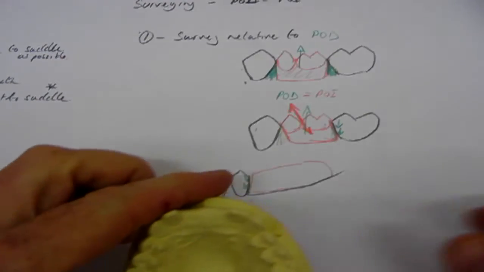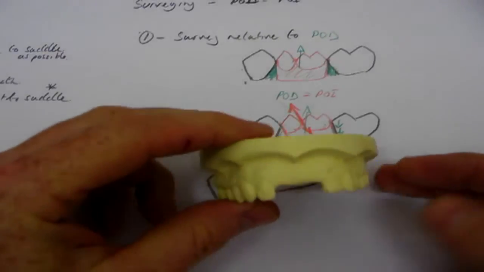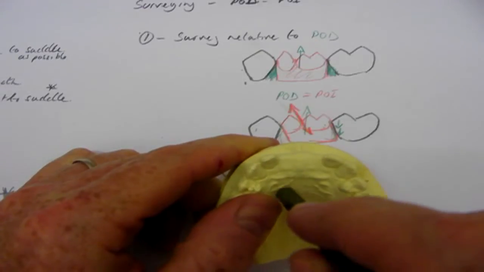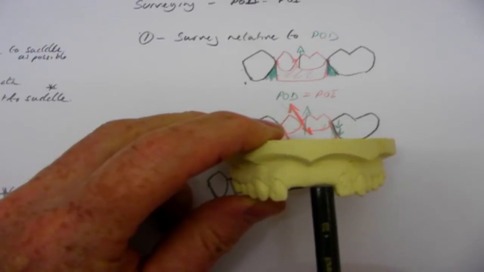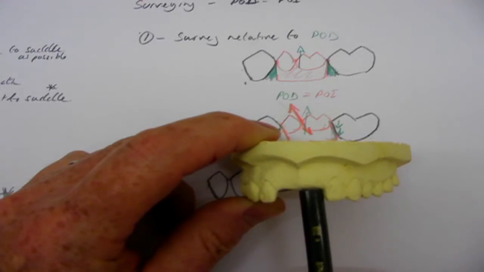And the other occasion is when we have a class 4 situation, because if we use the path of displacement as in being perpendicular to the occlusal plane, we end up with a funny little triangle of light in between the denture and the abutment tooth.